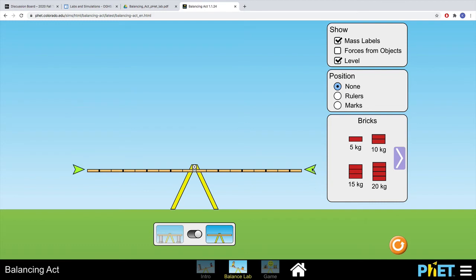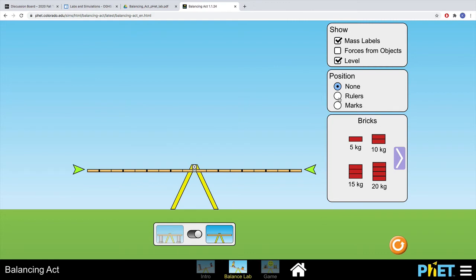A level is just to see how balanced your setup is. Since we are assuming this plank is uniform, it balances itself if you are not adding any mass. Keep in mind, make sure that you click on the lab, not the introduction part or the game part.